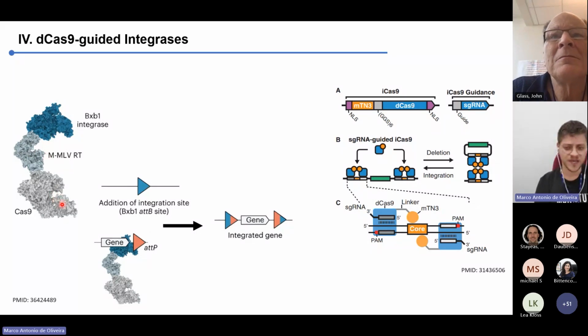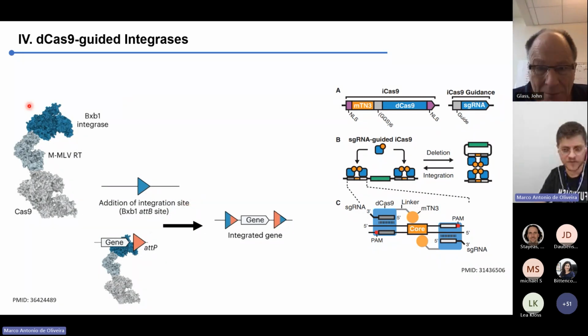Because that way you can use guide RNAs to guide your integrase to specific sites on the genome that will work as pseudosites. Here are 2 examples from the literature, where they use different strategies to achieve the same end. You can guide your Frankenstein protein close to a pseudosite, so you don't rely on already having the site inserted in your cell.